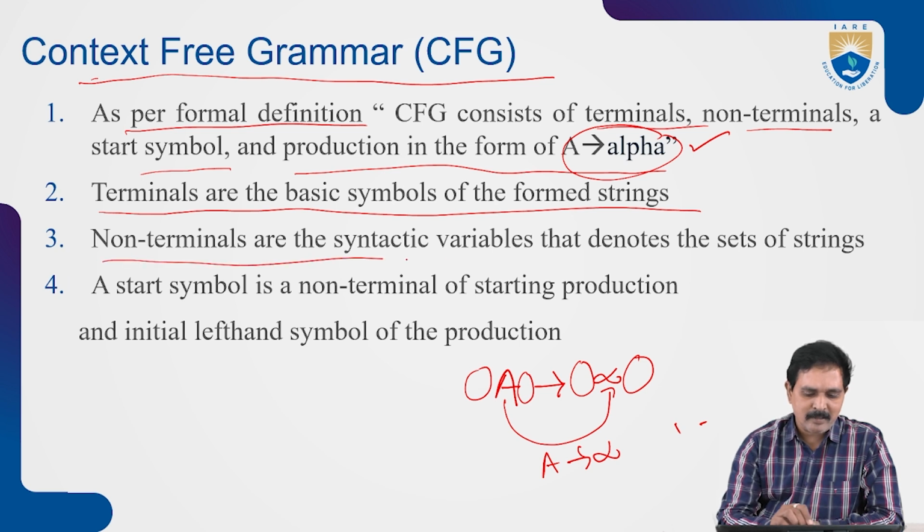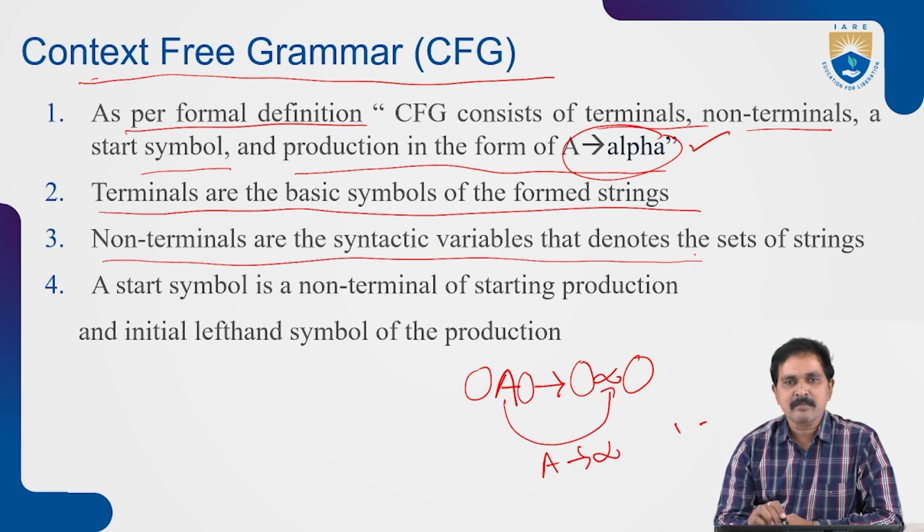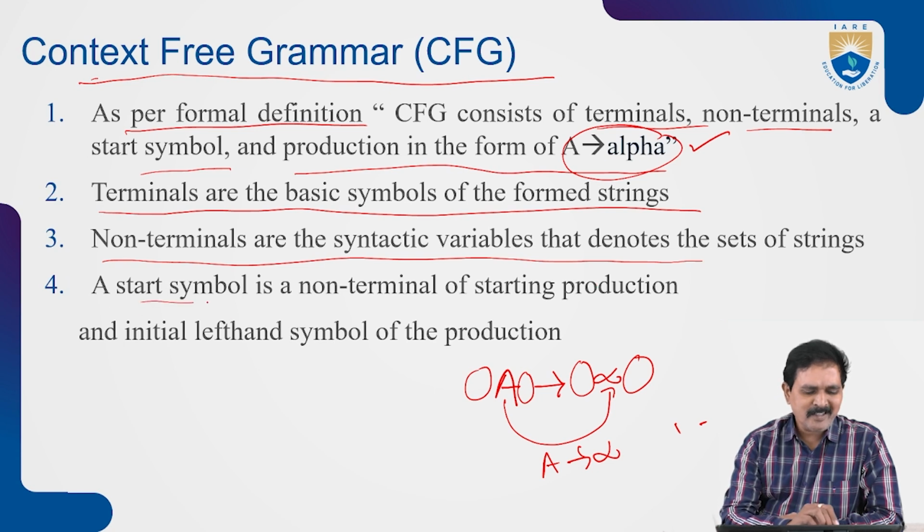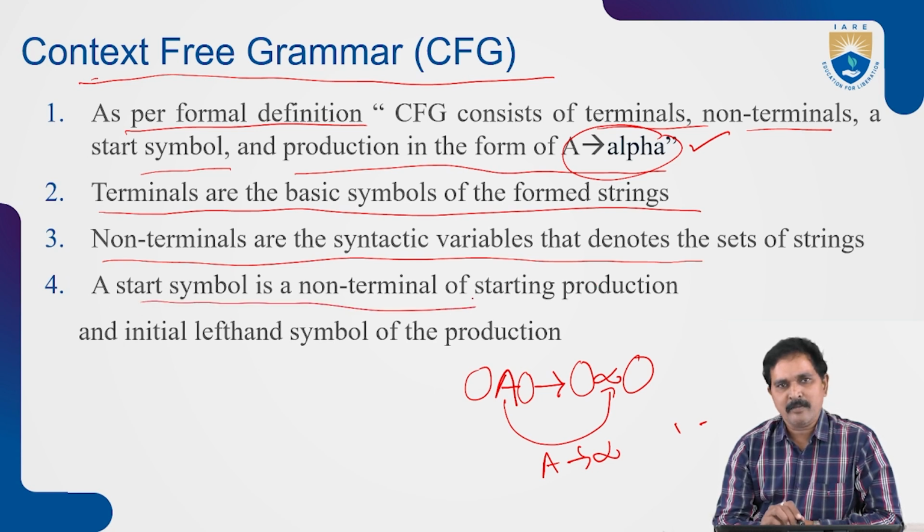Non-terminals are the syntactic variables, which means each denotes a set of strings. Any symbol that has some kind of derivation for defining some string is called a non-terminal. And the starting symbol should be a non-terminal, and it should be mentioned in the starting portion of the grammar.